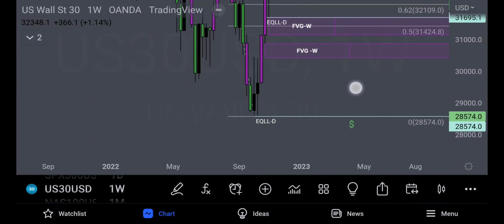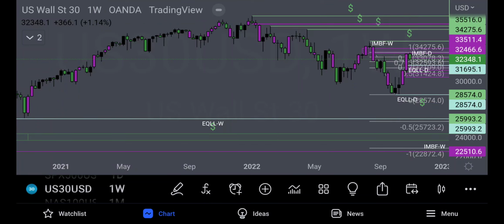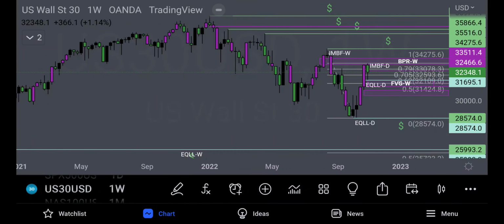I think we have a lot of room to go to the downside. We have equal lows here. This is on the daily, I will drop down to that, but let me back up a little bit.